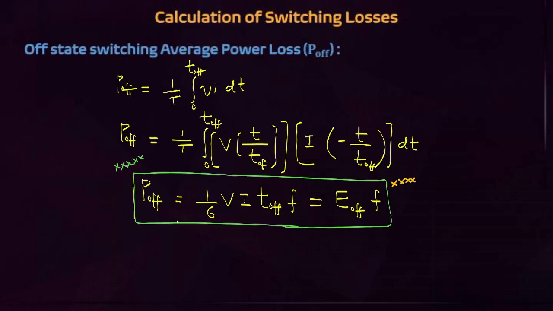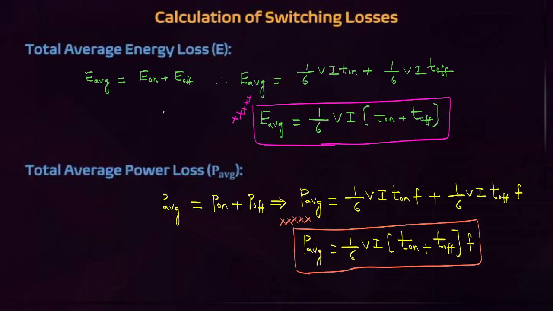Once you know the on state energy loss, off state energy loss, on state power loss and off state power loss, then we have to calculate the total average energy loss. This is the final formula that you have to concentrate on. And once again I am repeating, these formulas are applicable only for linearly rising and linearly falling.